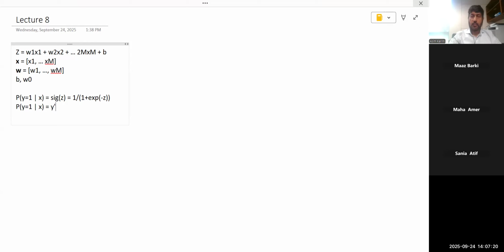But this continuous value is between 0 and 1. We saw the sigmoid function last time. It squashes between 1 and 0. A value close to 1 would be a probability that the class belongs to 1. Otherwise, the class would belong to 0. So this, as I said, is called binary logistic regression or simply logistic regression.